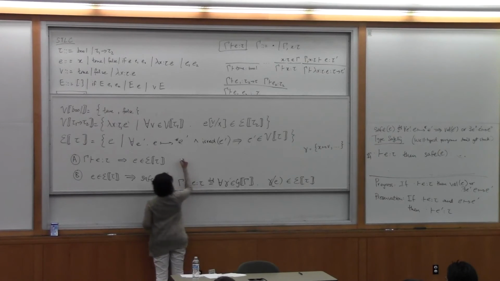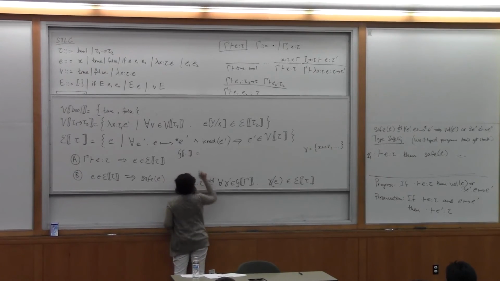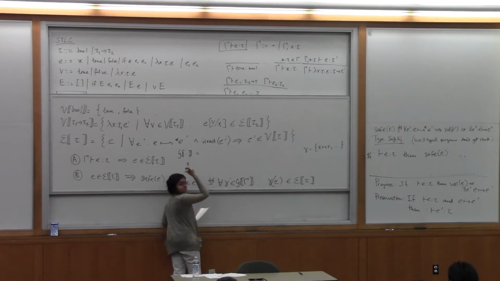And now let's define the G relation. Let's do it inductively on the structure of gamma. So if gamma is the empty environment, then what substitution do I want? Empty.